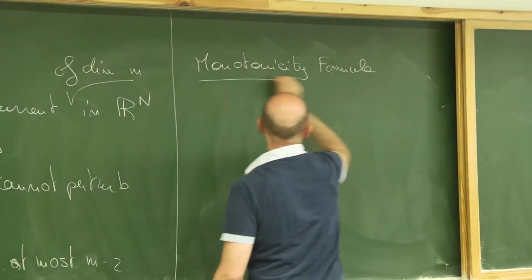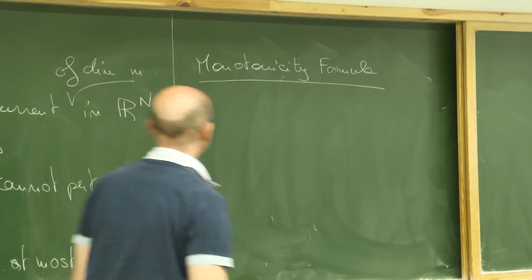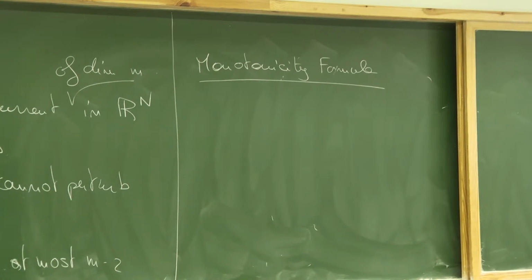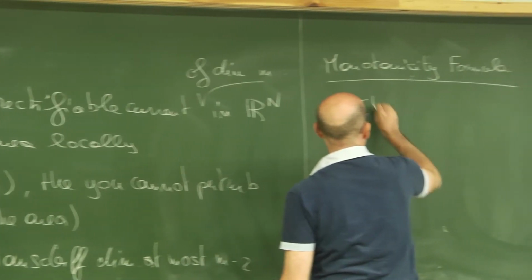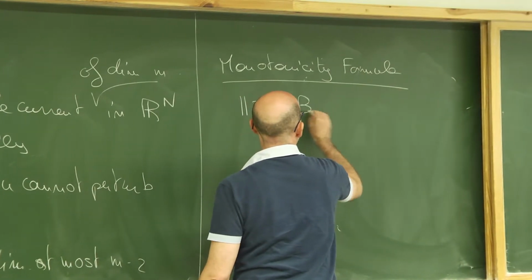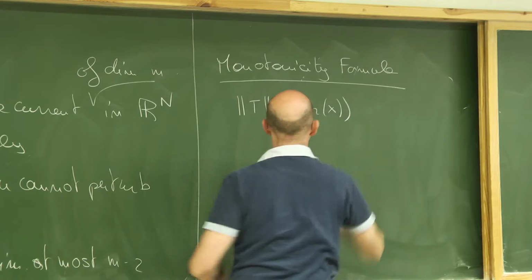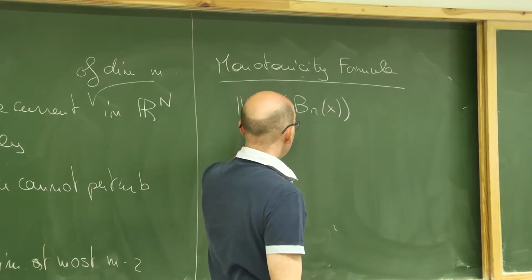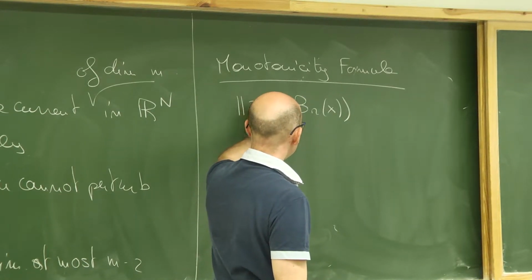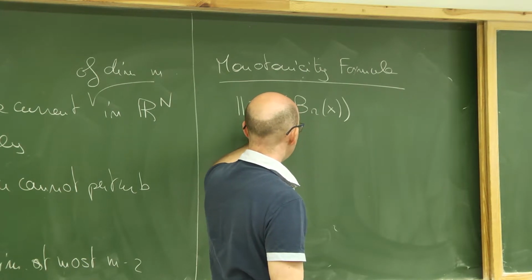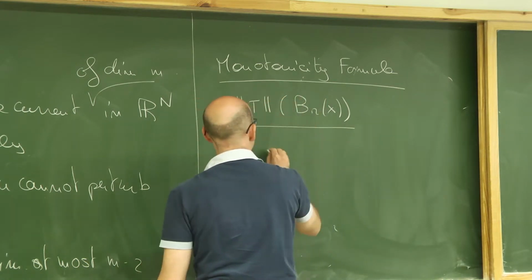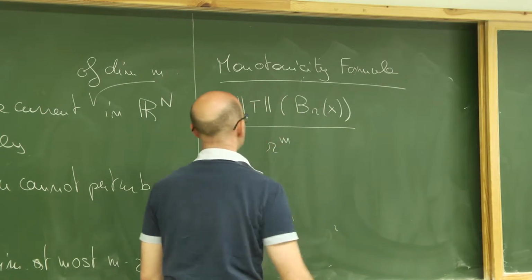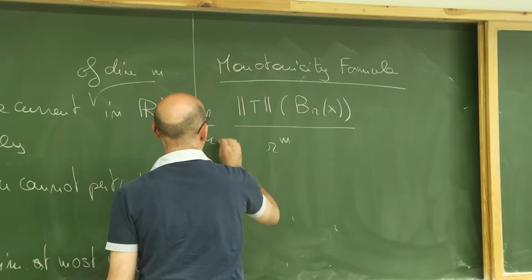It tells you that when you have an area minimizing current, the amount of mass of the current, usually denoted in the following way, is monotone. By this notation, if T were a smooth manifold, we would just mean the volume of the intersection of your manifold with the ball of radius r centered at x, divided by r to the power m.